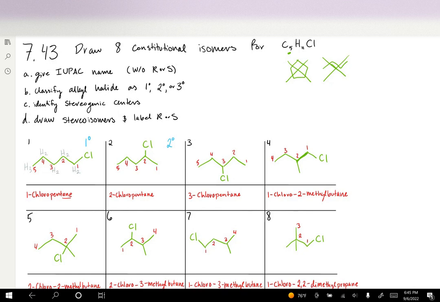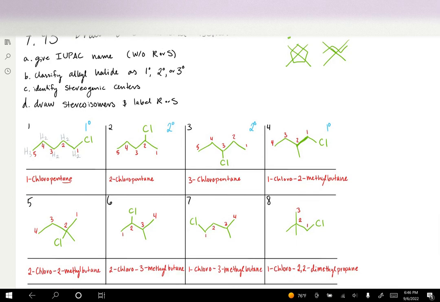Here as well, we have just the 2 carbons attached here, so secondary. For 4, it's attached to a carbon that's attached to a carbon, so primary.